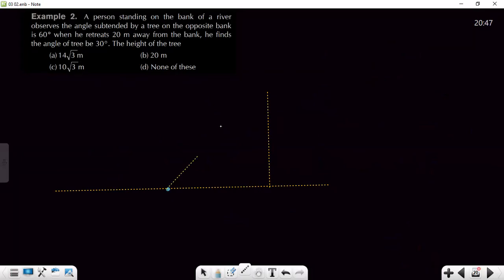And from where we were earlier, it was subtending 60 degrees of angle. Let's consider the height of the tree as t. And if we move back 20 meters, then the new angle subtended by the tree is 30 degrees.